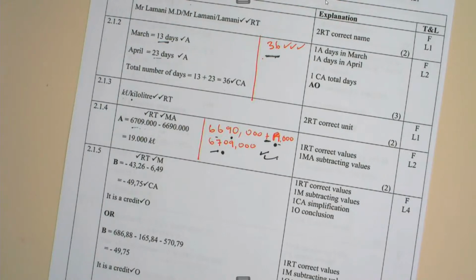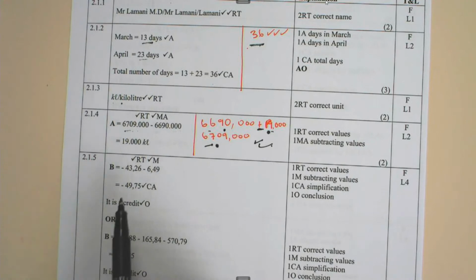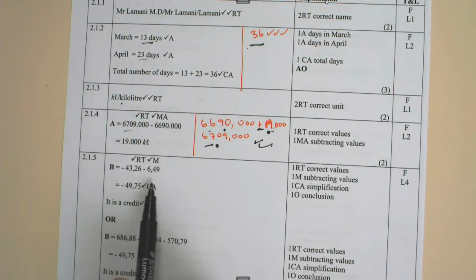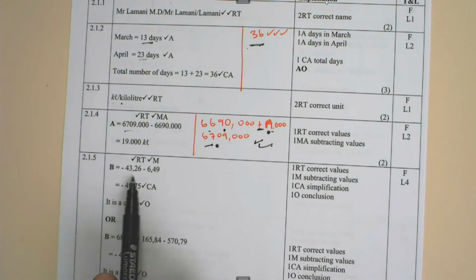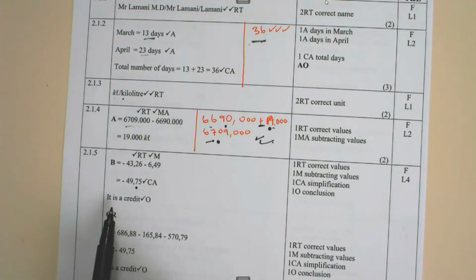Right, B, that is 43,27, and then you subtract, it's minus 43,27, you subtract 6,49, then you add, you get the answer of negative 49,75. And then the learner should conclude by saying it's a credit.